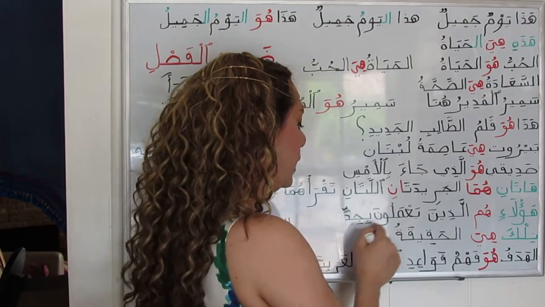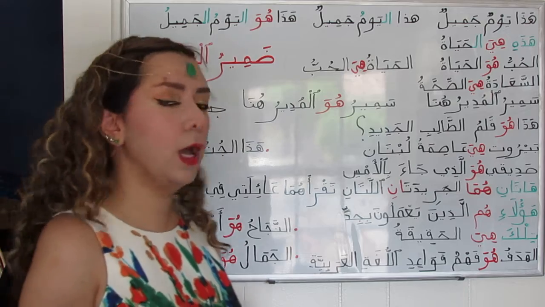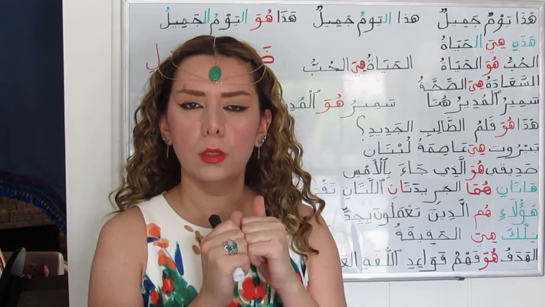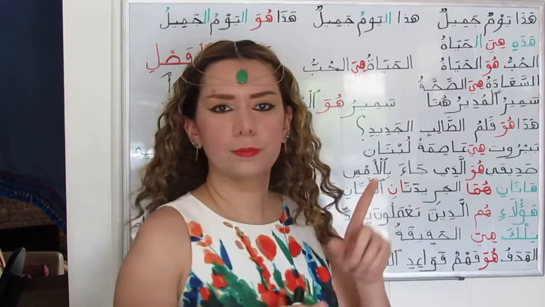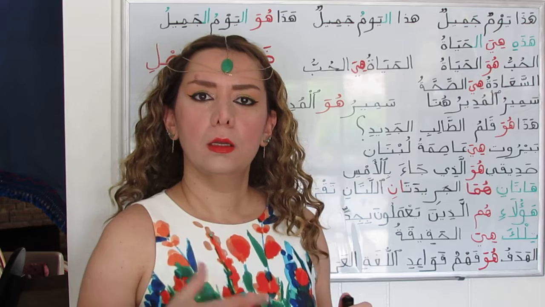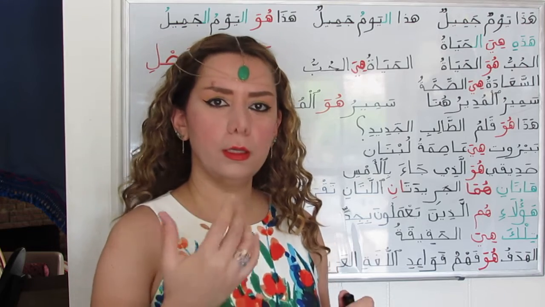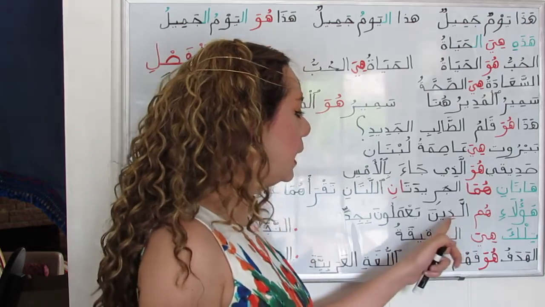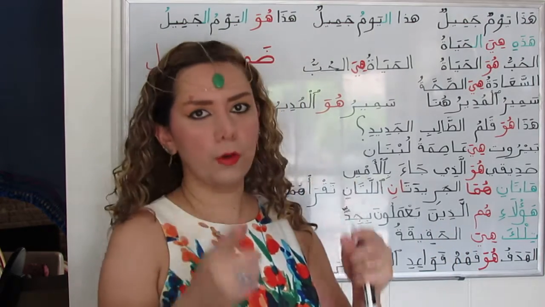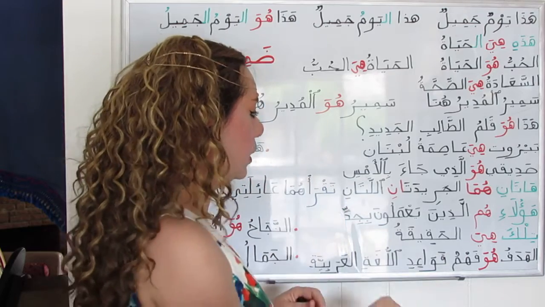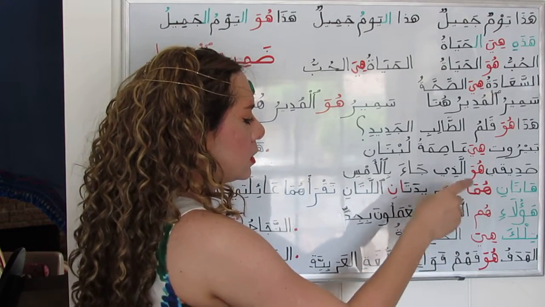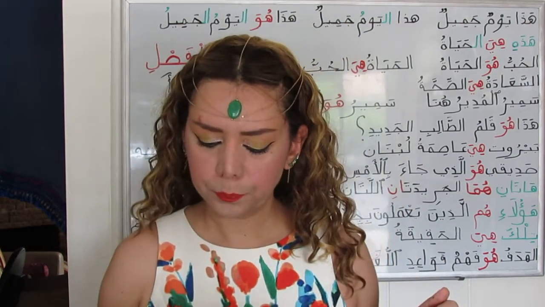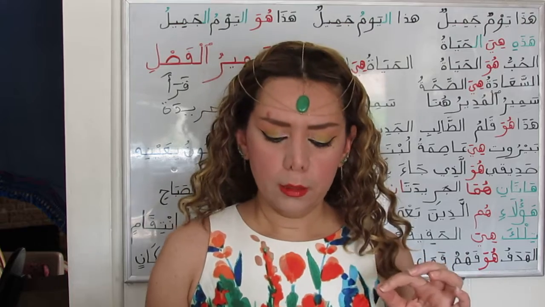هؤلاء هم الذين يعملون بجد. هؤلاء is a demonstrative referring to the plural masculine. Hum is a personal pronoun referring to the third person plural masculine. Matching. الذين is the relative referring to the plural masculine. So هؤلاء هم الذين يعملون بجد.